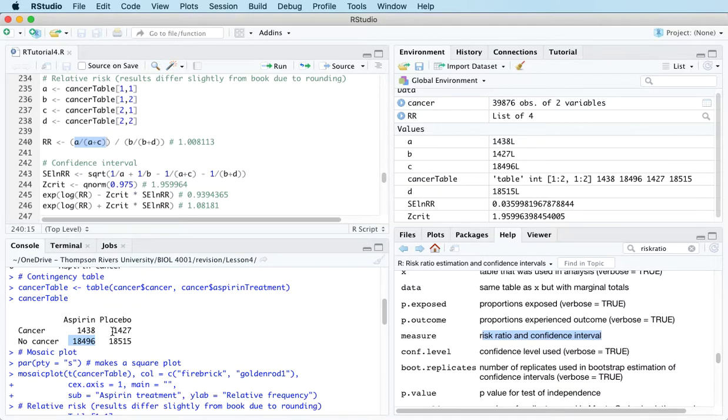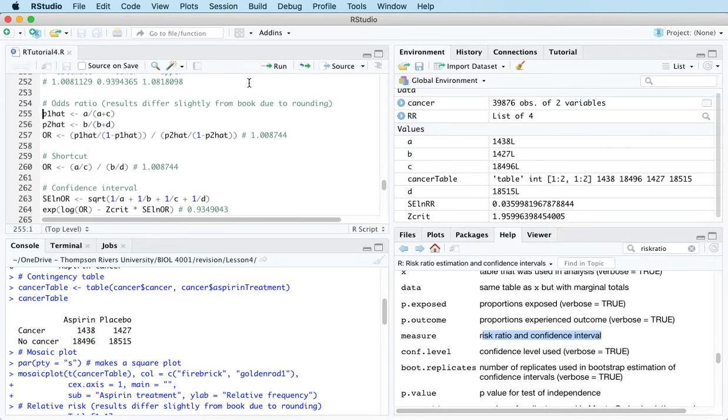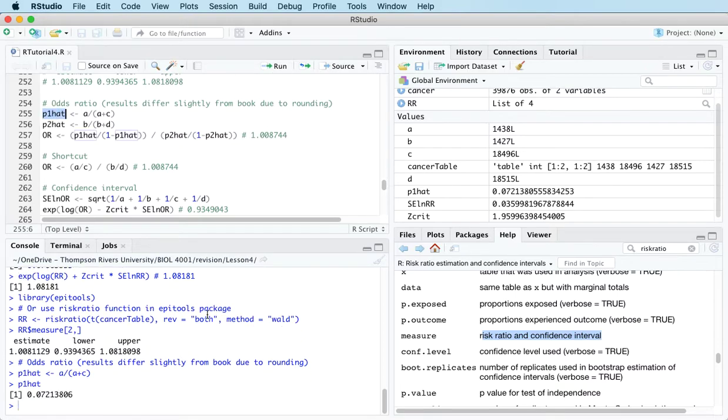And so what I'm going to do is give that the name P1 hat. So the notation here is P1 is standing for a population probability or a population proportion, and the hat is just indicating that this is an estimate from a sample.